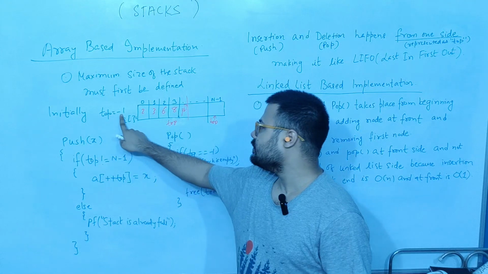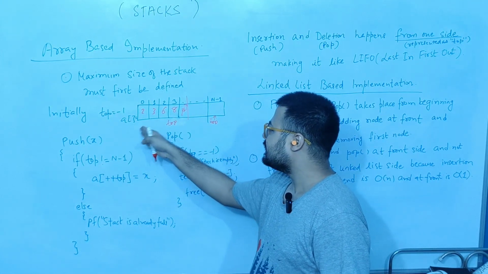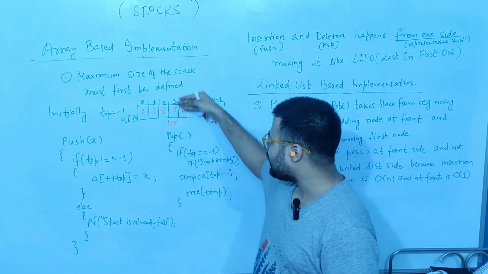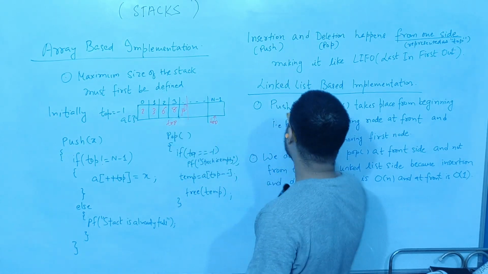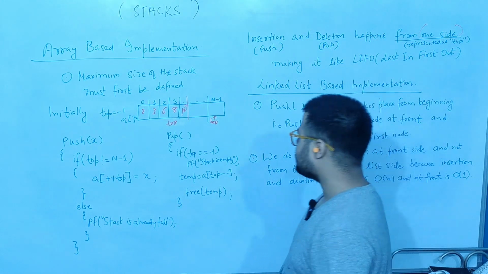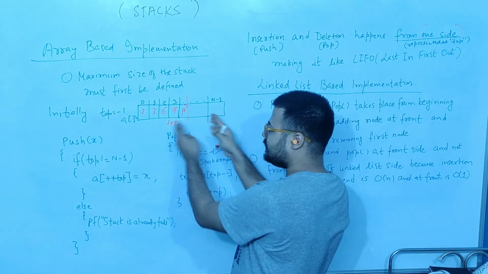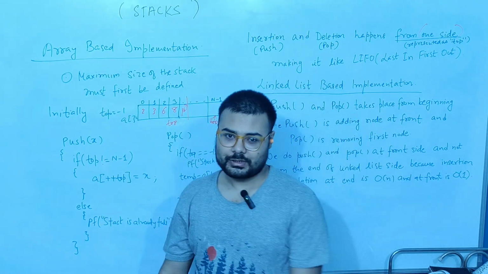At that time your top value is -1, and as you keep inserting elements, your top value will increase by 1, and it will always point to the last element, because we are doing insertion and deletion from one side. So we are taking the last element, meaning the end side, to be the topmost element.